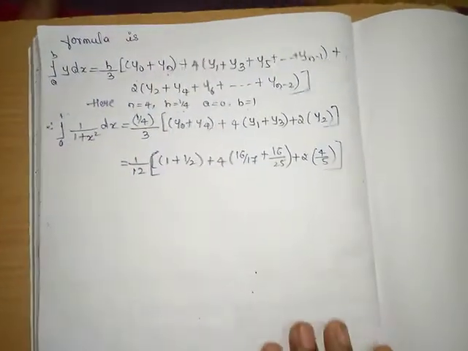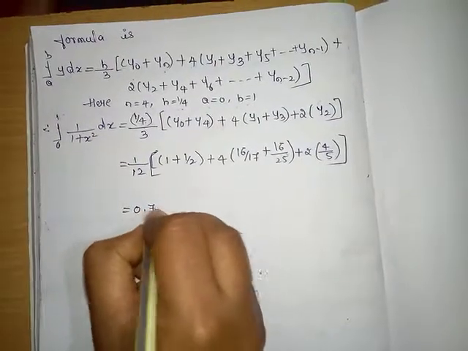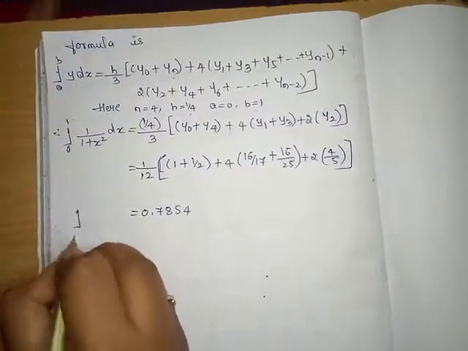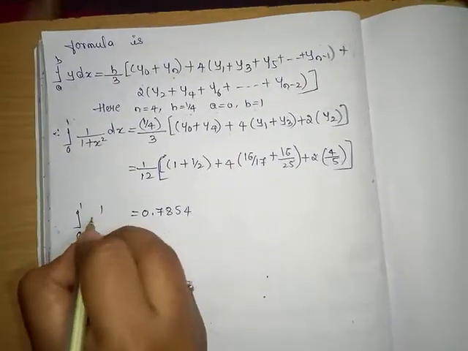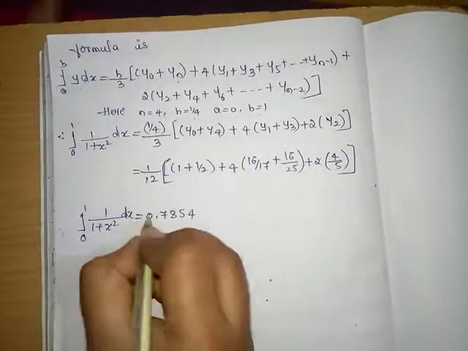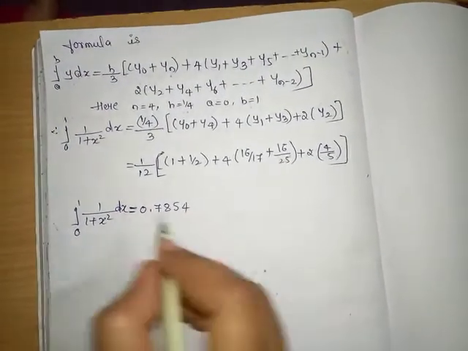Calculate this carefully. You will get 0.7854 as the integral value. The integral from 0 to 1 of 1 divided by 1 plus x square dx is equal to 0.7854.